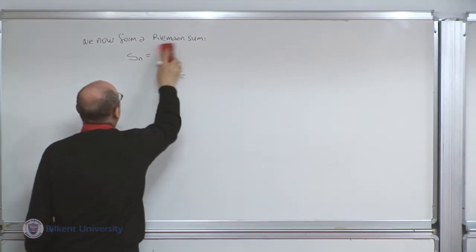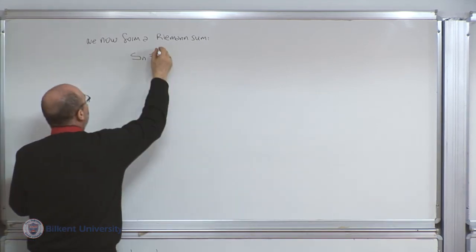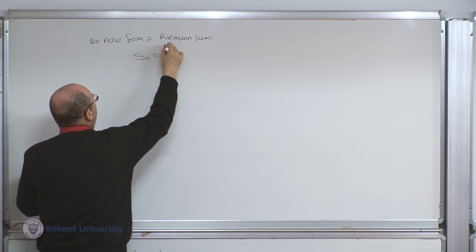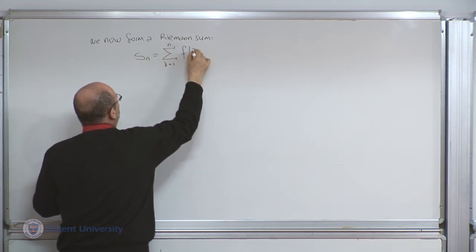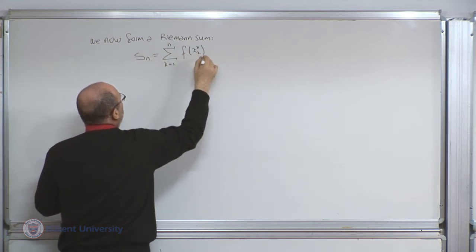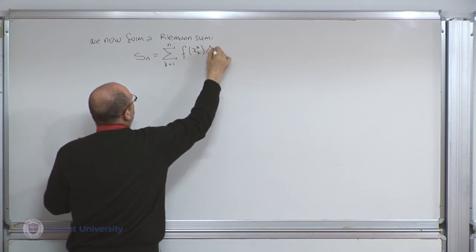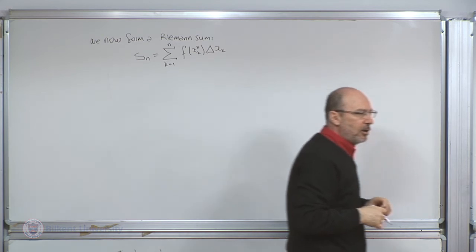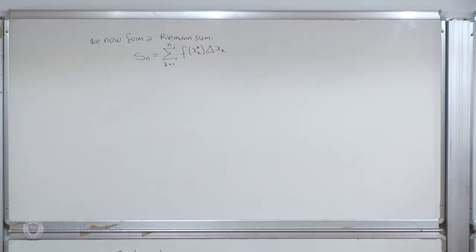k equals from 1 to n. I evaluate the function at this sampling point. Then I multiply it by the length of the interval. So if f is always positive, we are calculating areas of rectangles.